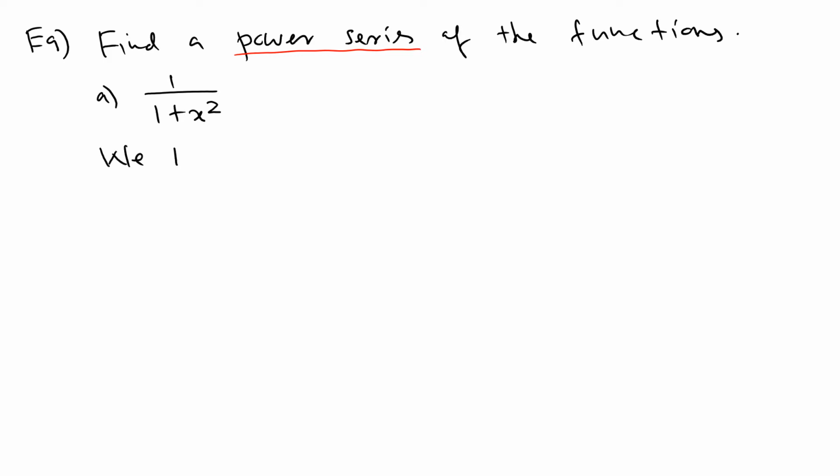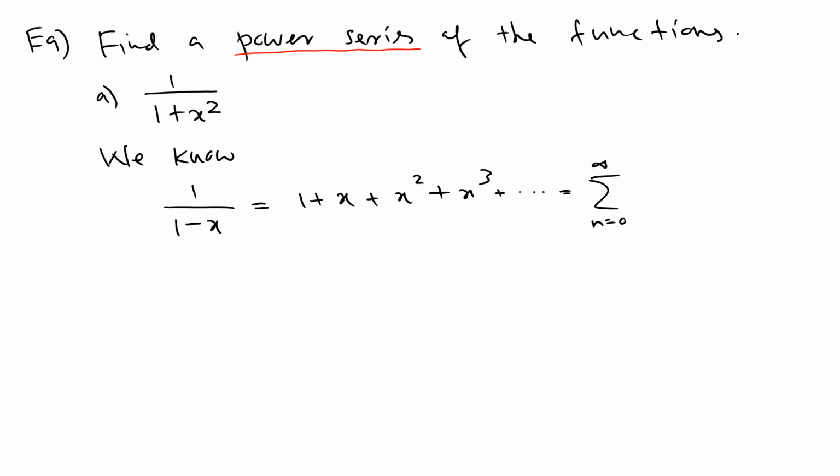So let's say we know 1 over 1 minus x equals 1 plus x plus x squared plus x cubed, and so on, the sum of x to the n. This is valid for absolute value of x less than 1. This domain is very important.